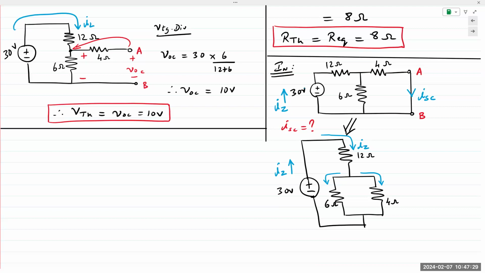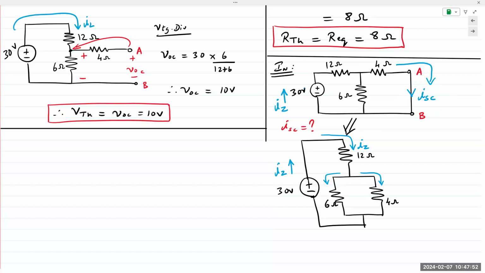One more important point, if we extend ISC here, if I extend it backwards, what do we see? Absolutely.